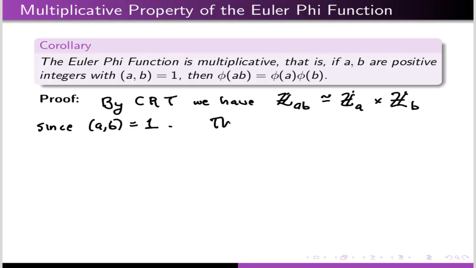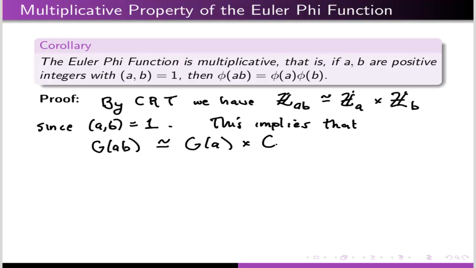So this implies, we just repeat the argument of the previous theorem, that the group of units on the left-hand side, which is G_AB, is isomorphic to the group of units mod A cross the group of units mod B as groups.